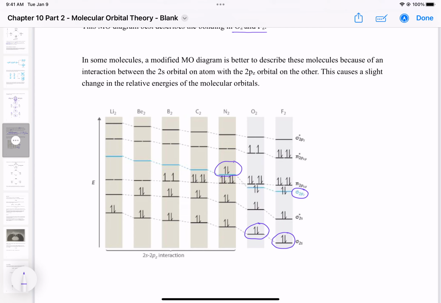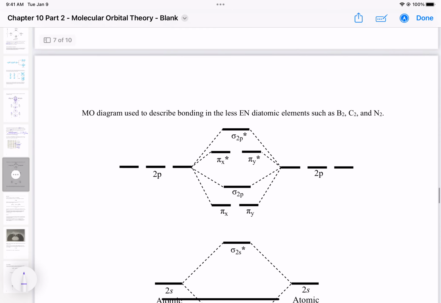We see here those energy levels are getting closer together as we move towards the right, and that causes the orbital energies to flip. So in molecules like beryllium, boron, carbon, and nitrogen, this orbital is actually higher than the pi 2px and 2py. But in molecules like oxygen and fluorine, that level is below it. So these energies change based on the molecule we're talking about.